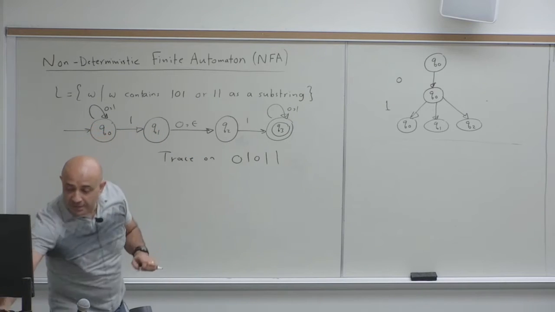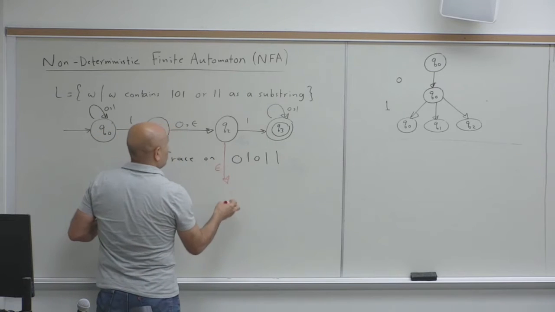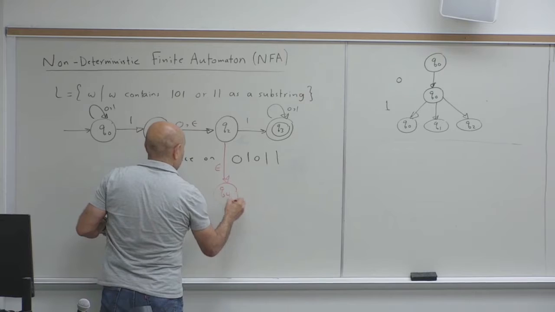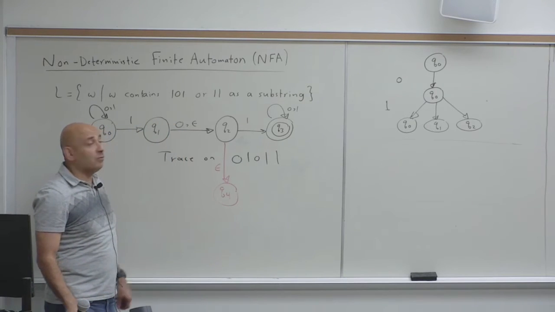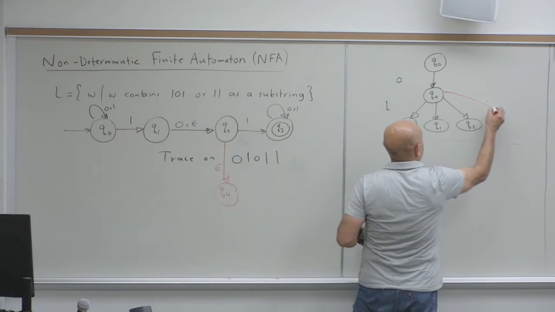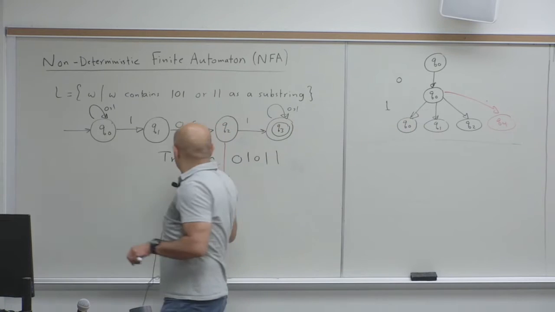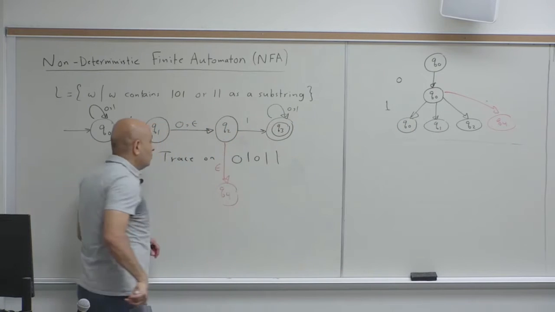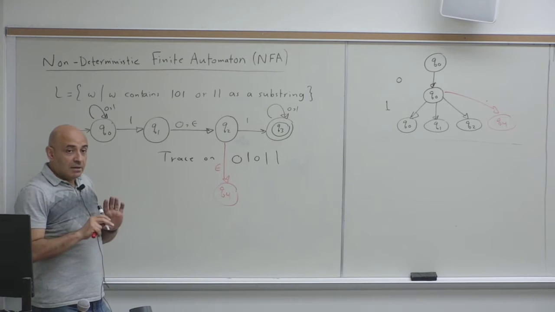And if we had an epsilon transition to Q4, then we would have had the option of going to Q4 as well. So we would have had the option of going to Q4 if we had an epsilon transition from Q2 to Q4, or a null transition. Okay, any questions?